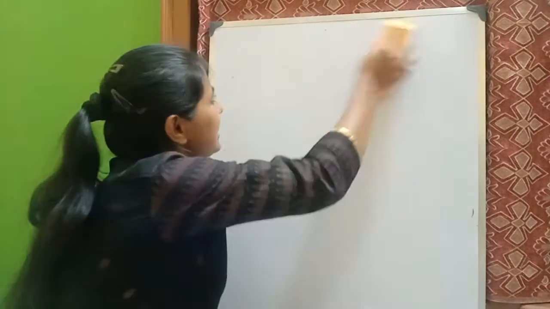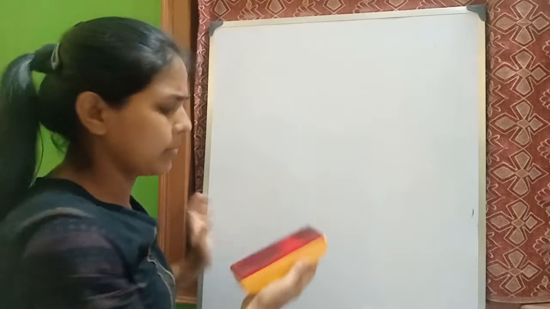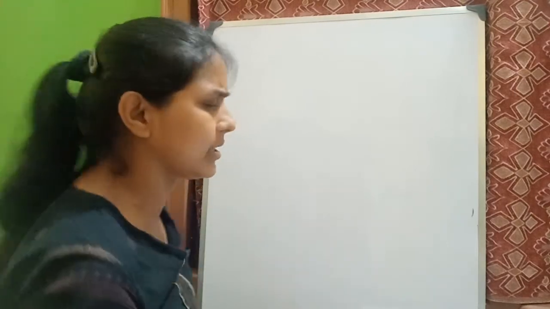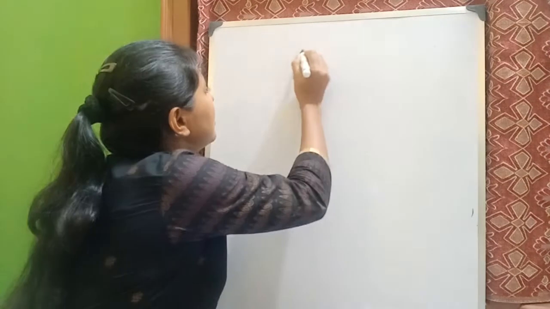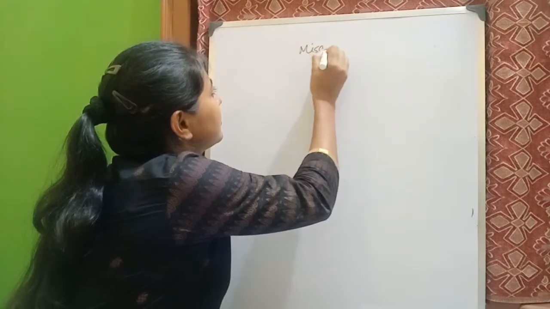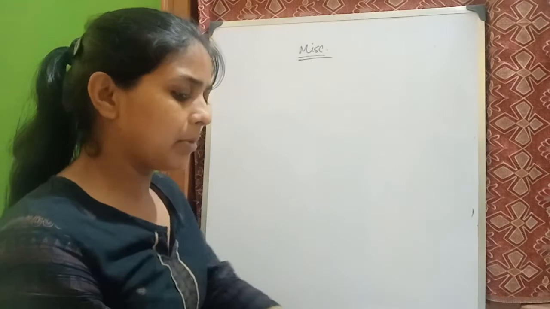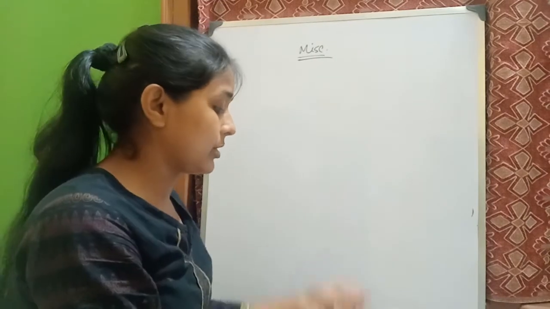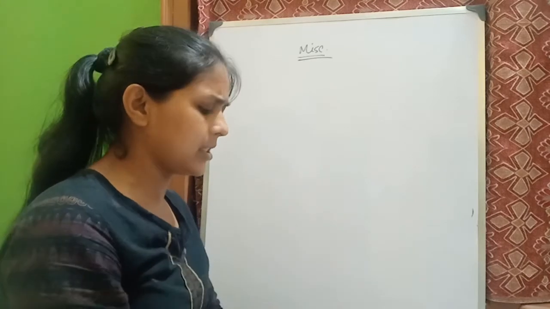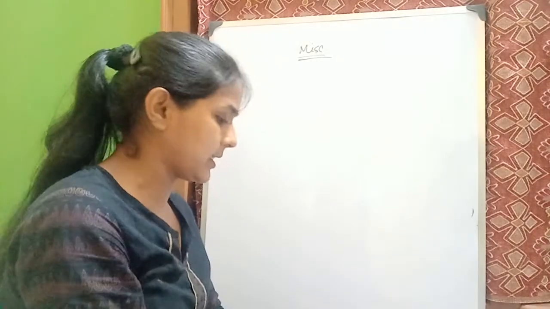So in the miscellaneous exercise, some of the questions are really very similar to ones we have already done in exercise 6.1. Solve the inequalities in exercises 1 to 6.